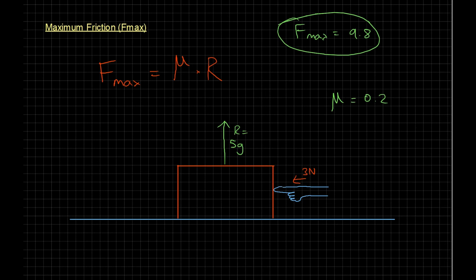When I push with 3, you're going to get 3 newtons of friction pushing back, and the object is not going to move. Likewise, if I push it with 8 newtons, the friction is going to be pushing back with 8 newtons. It will match me. Now let's say I'm going to push it with 10 newtons.